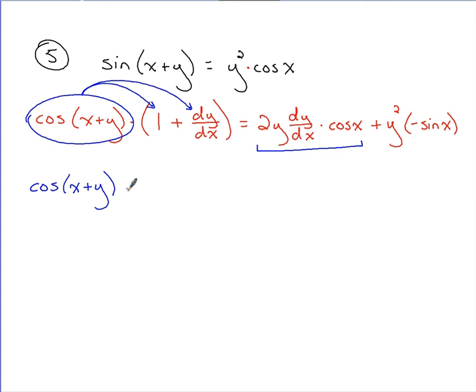And then we're going to take this cosine of x plus y times dy/dx. So I'm just going to write that all multiplied together. If I write the dy/dx first, it would be dy/dx cosine of x plus y. Now that equals, right, all of this.